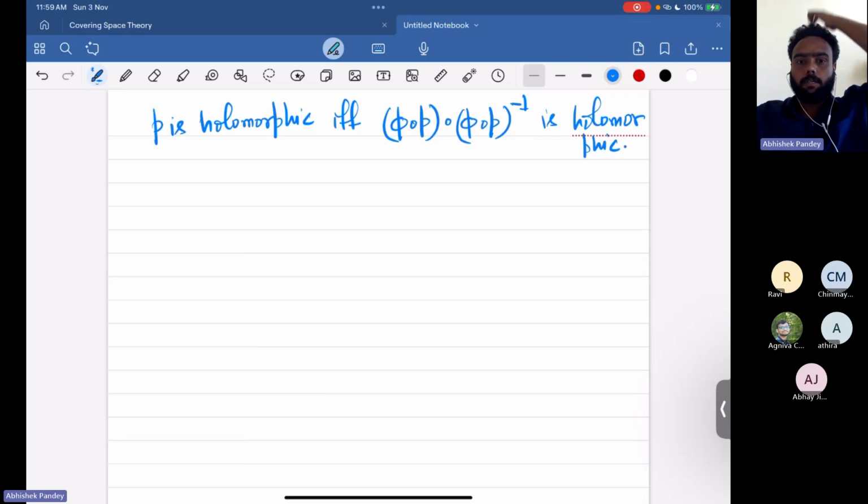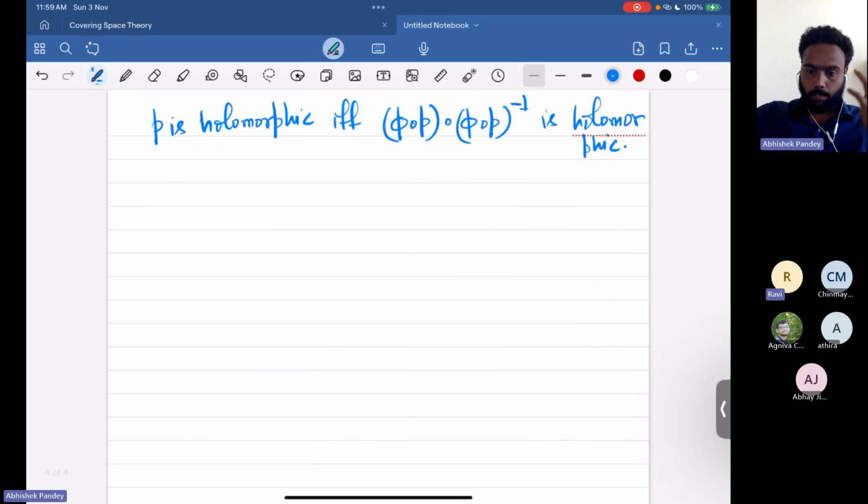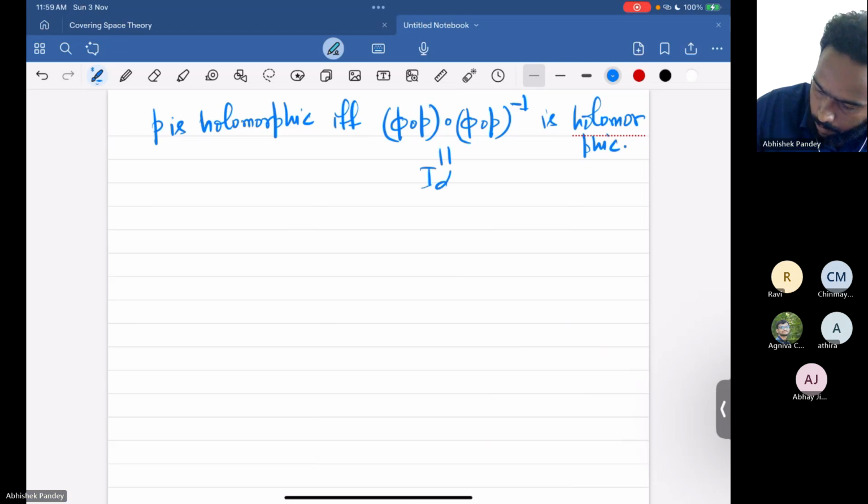But this one is clear. Okay, so the R tilde has an atlas, say, map phi compose P. So showing P is holomorphic, there is one more phi. So this should be holomorphic. And this is basically the identity map. So it is holomorphic.